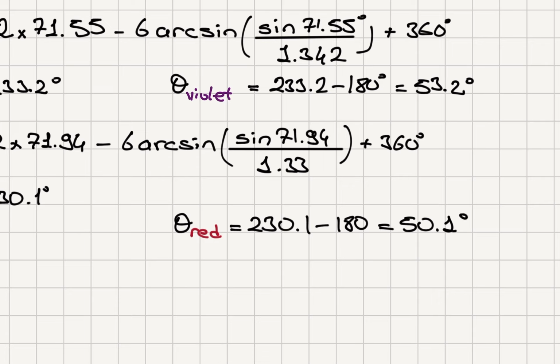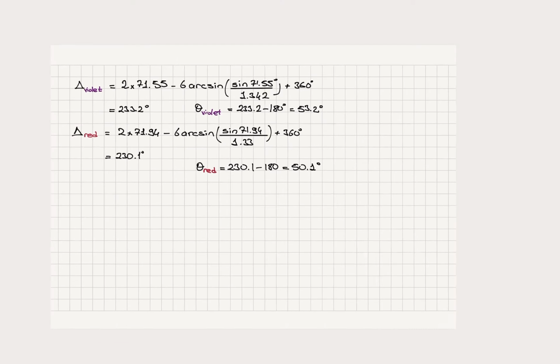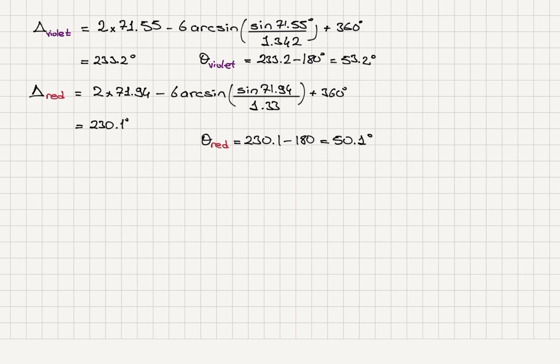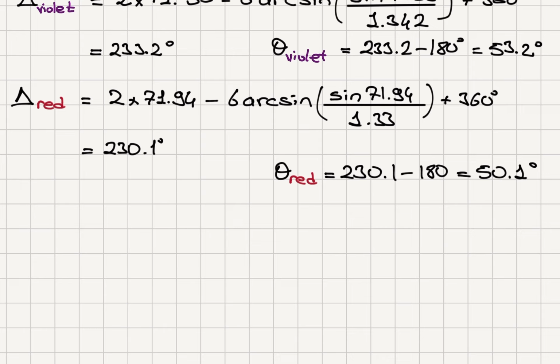So we can see that if we compare these two, the answer for violet is greater than the answer for red. So our conclusion is that theta violet is greater than theta red.